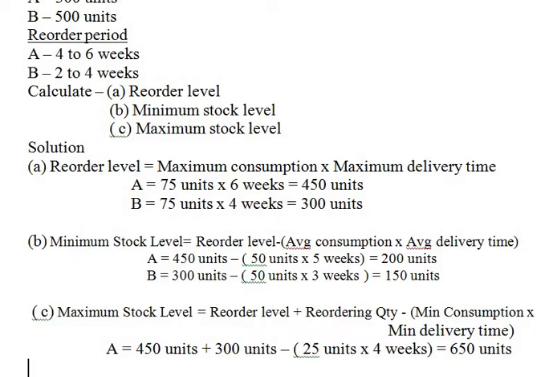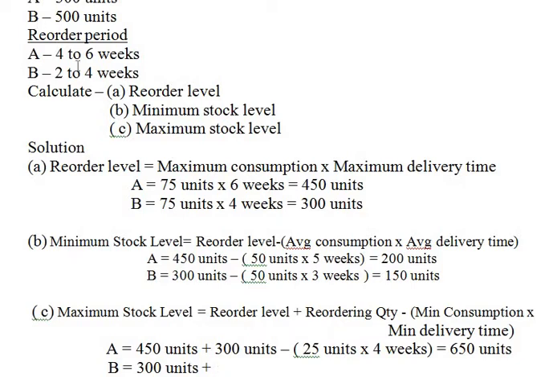Now same thing we need to calculate for B as well. B is equal to, again reorder level as per our first note, it is 300 units, plus reordering quantity is given in the problem.